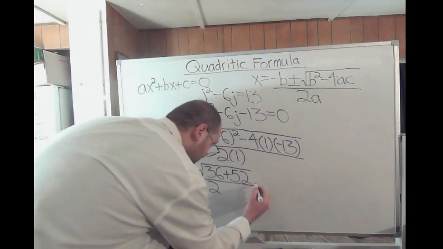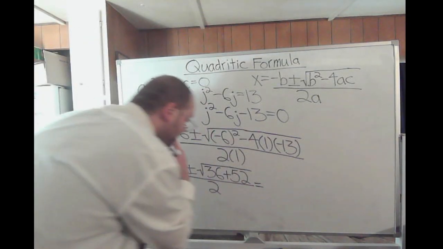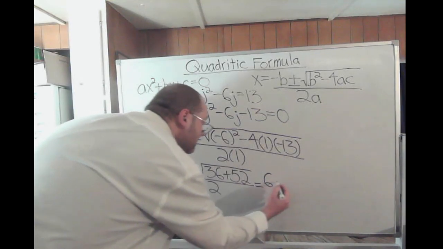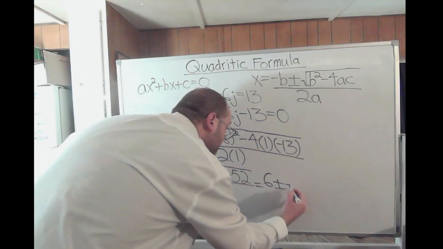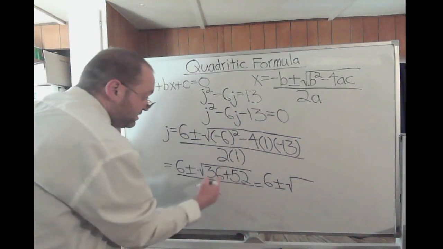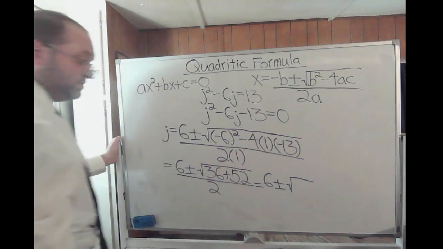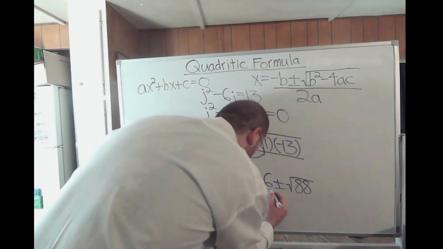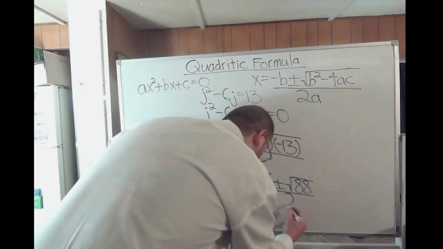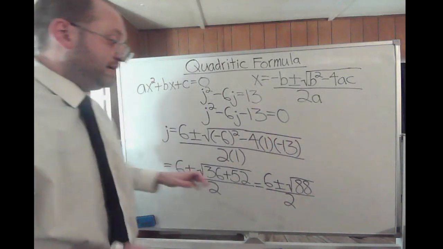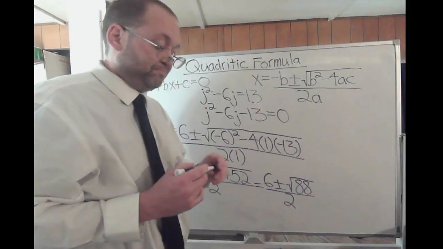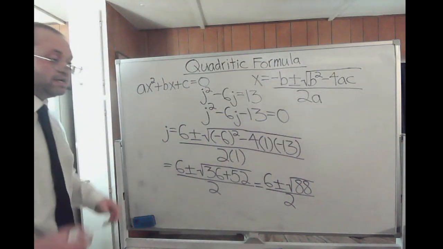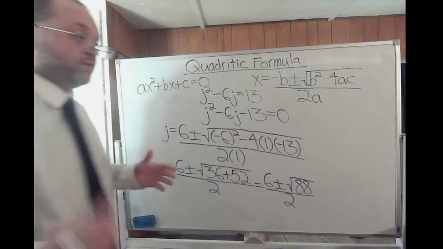Alright, so this will simplify yet further into 6 plus and minus the square root of 36 plus 52, that's going to be 88, all over 2. Well, we definitely have one here that's not a perfect square, because 88 is definitely not a perfect square. But we know the factors of 4 and 22.